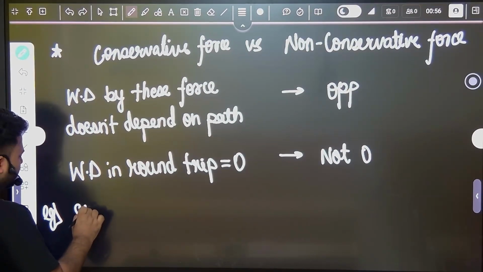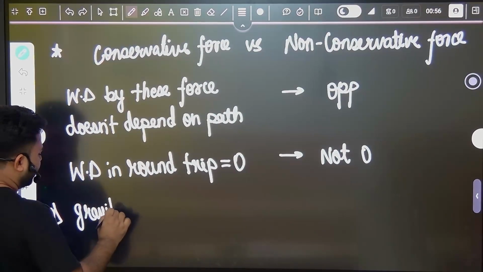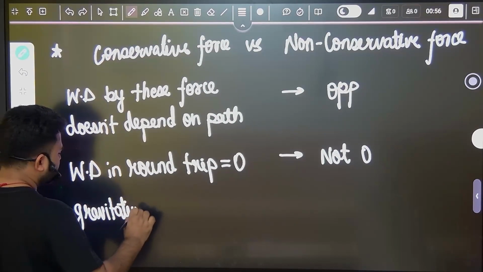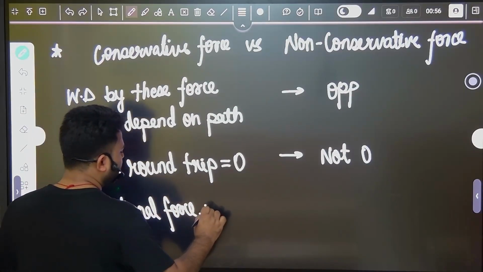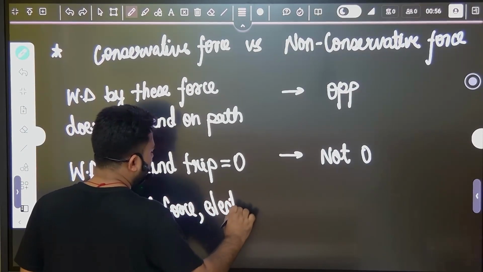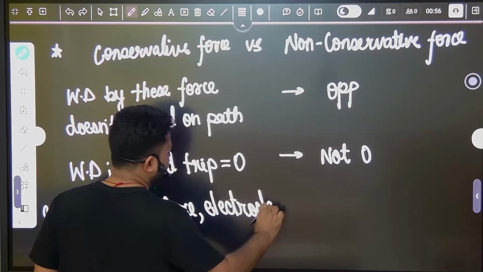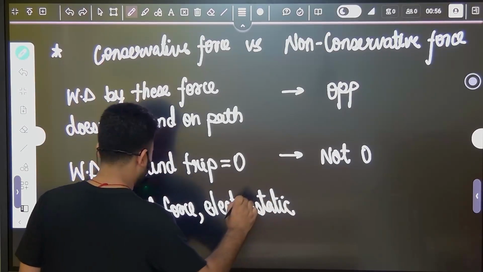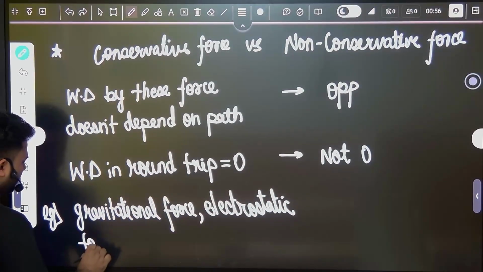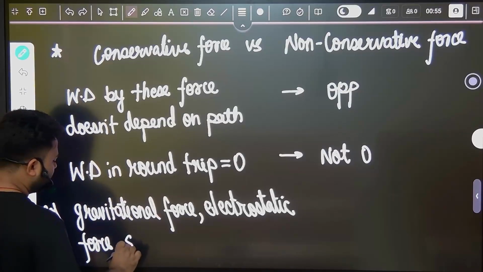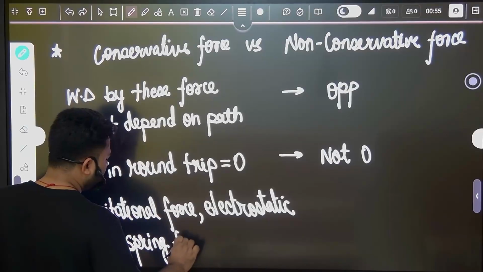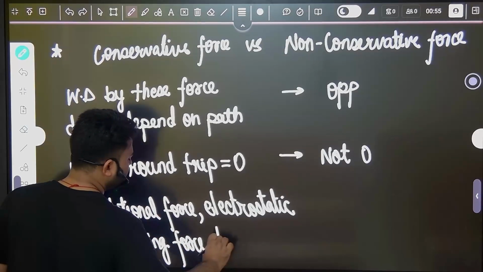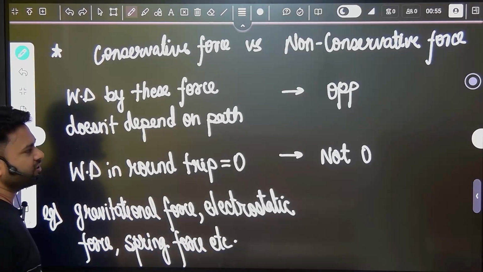Gravitational force. We have gravitational force. We have electrostatic force. We have spring force, etc. So these are conservative forces.